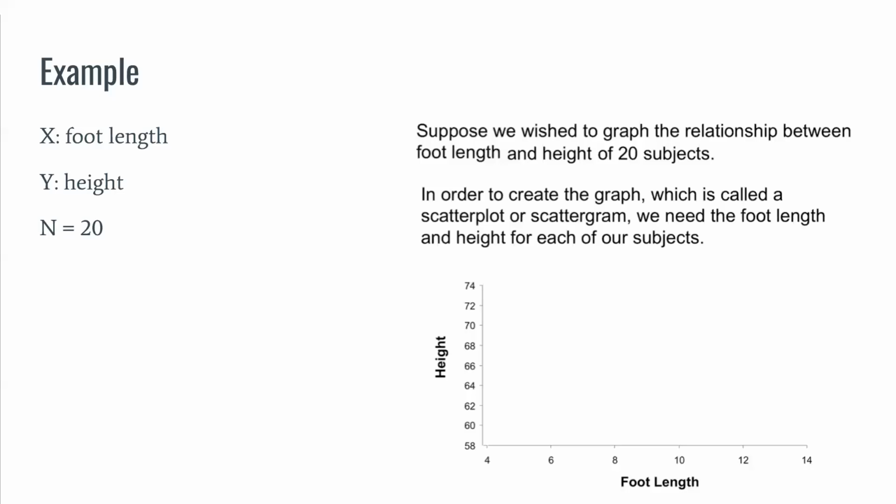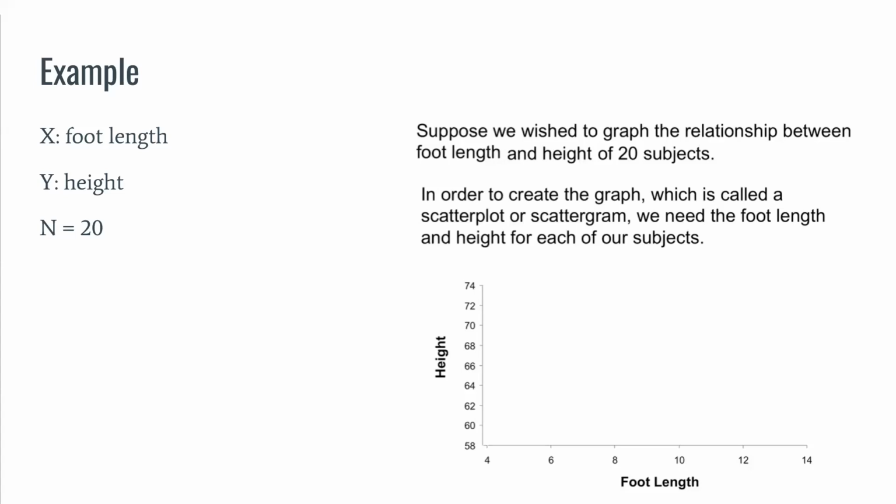Now let's look at some examples. Our goal is to check the relationship between X and Y. Let's say X is foot length and Y is height, and we have a sample size of 20. Suppose we wish to graph the relationship between foot length and height of 20 subjects.